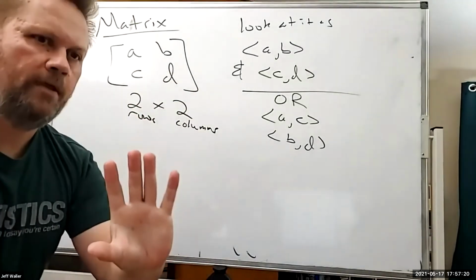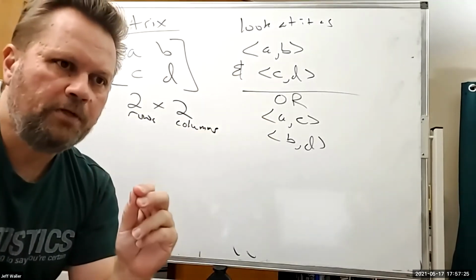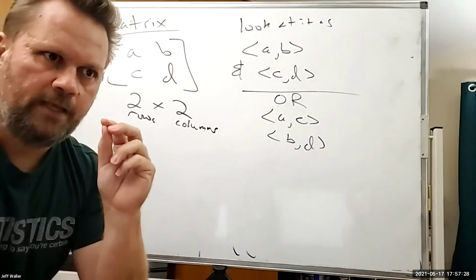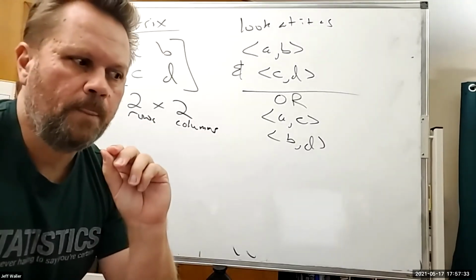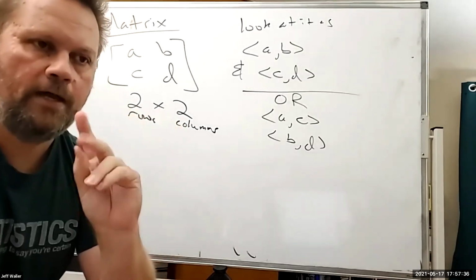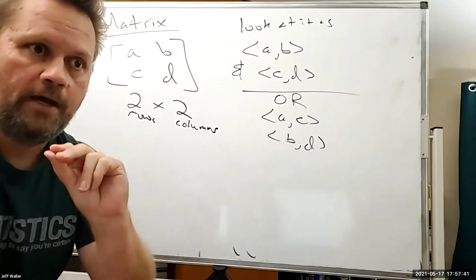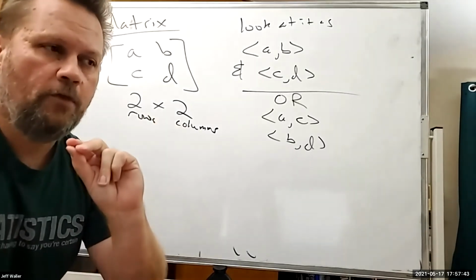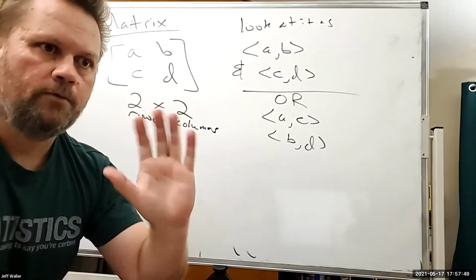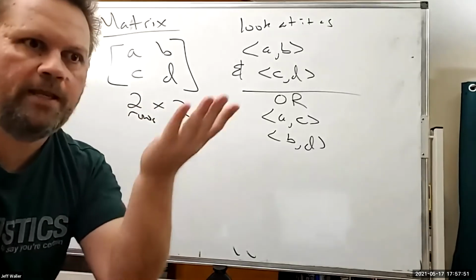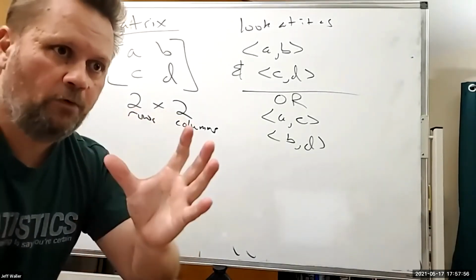Now, let me just say one thing that we're not going to get too deep into here. This is further in mathematics. A matrix is a transformation. I can apply it to something and it would transform it. For example, in cryptography, if you want to encrypt something, you can use a matrix to do it. If you want to change the brightness of an image, I can act on the pixels with a matrix, and it would transform the picture.